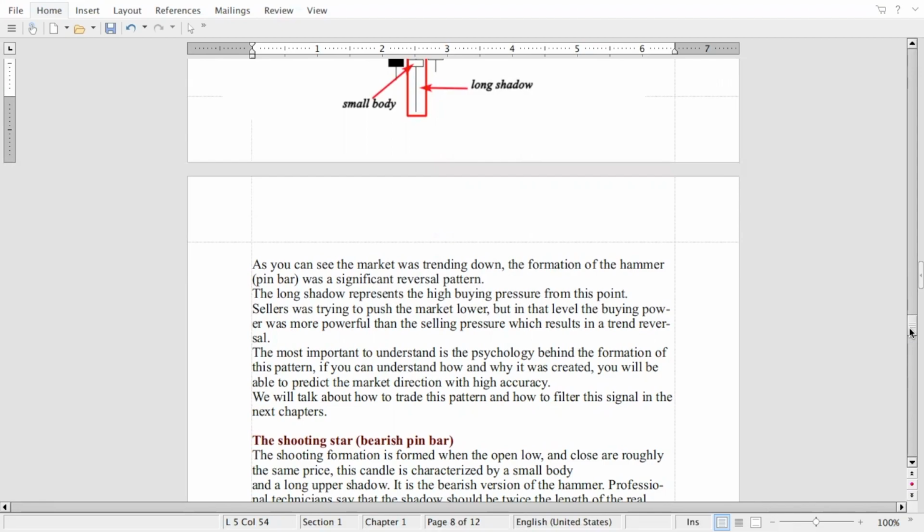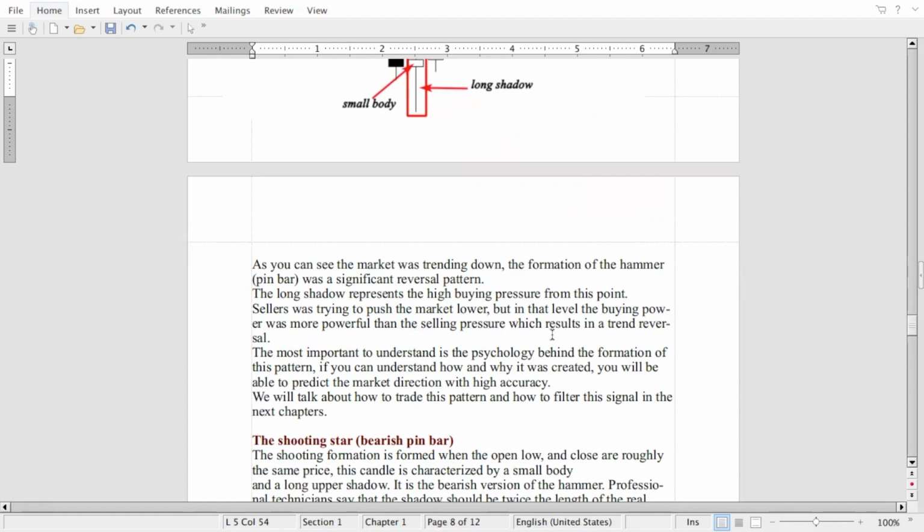When you see the psychology I'm talking about, the long shadow represents the high buying pressure from this point. Sellers were trying to push the market lower, but at that level the buyer power was more powerful than the seller pressure, which resulted in a trend reversal.